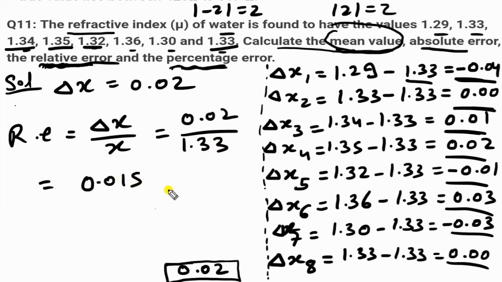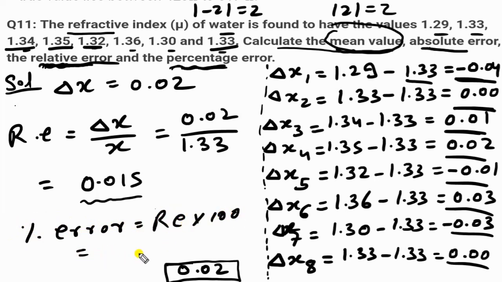This is the relative error in our measurement. Now the percentage error is nothing but relative error into 100. So 0.015 into 100 would give us 1.5%. This is the percentage error in our measurement.